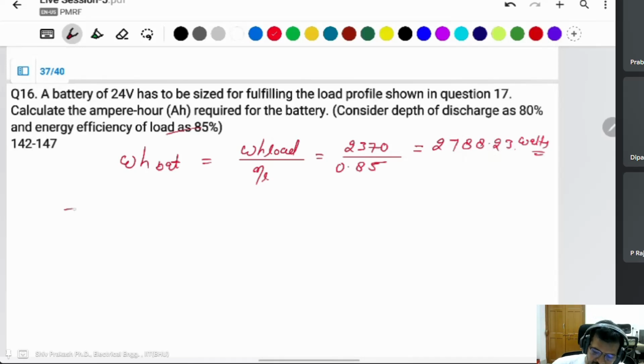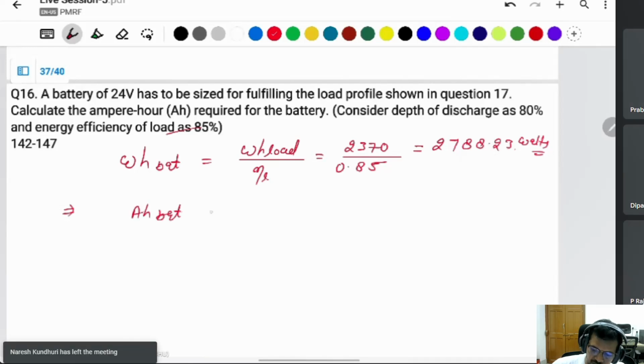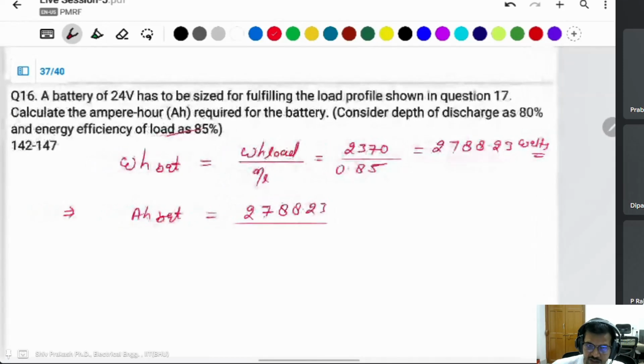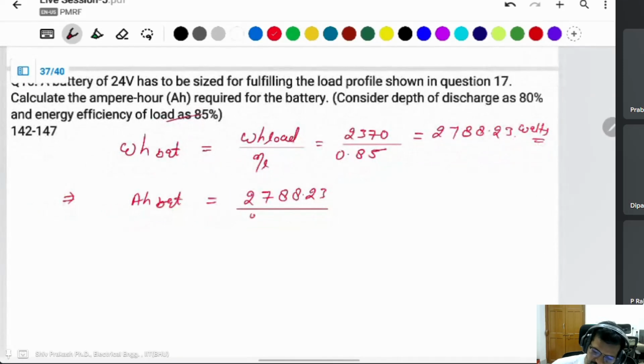Then the ampere hour of the battery: the total load, 2788.23, should be delivered by the battery, a 24 volt battery, divided by 24 into the DOD.